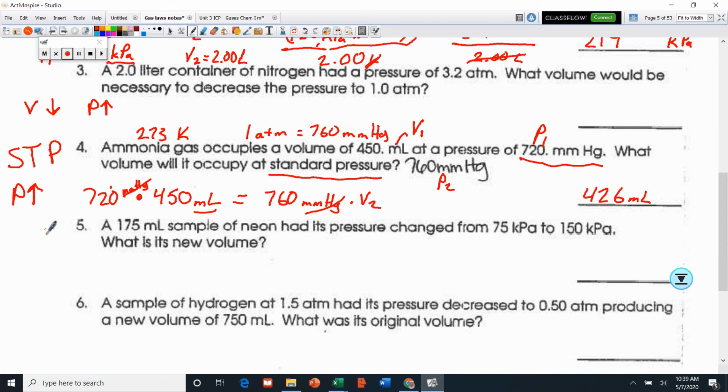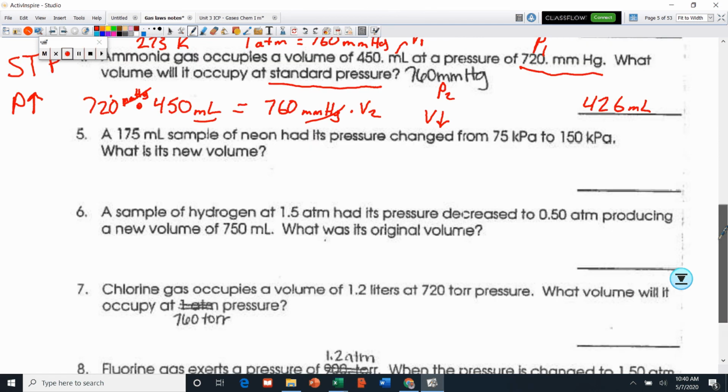So that means the predicted volume should decrease, because they're inversely proportional. Pressure went from 720 to 760. Volume went from 450 to 426. That is a decrease, so that matches.